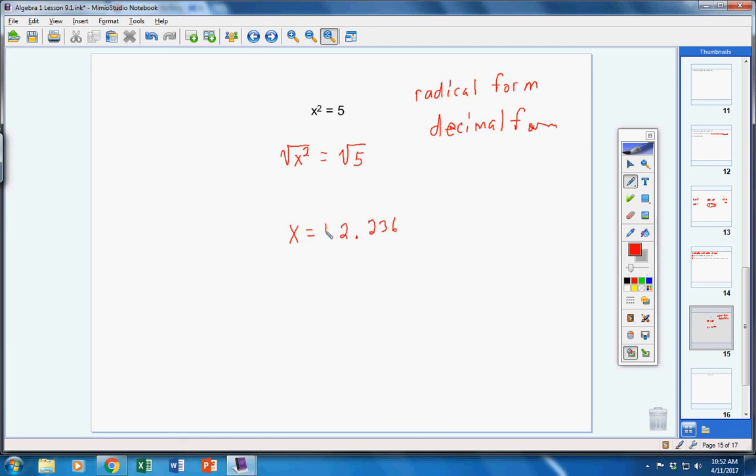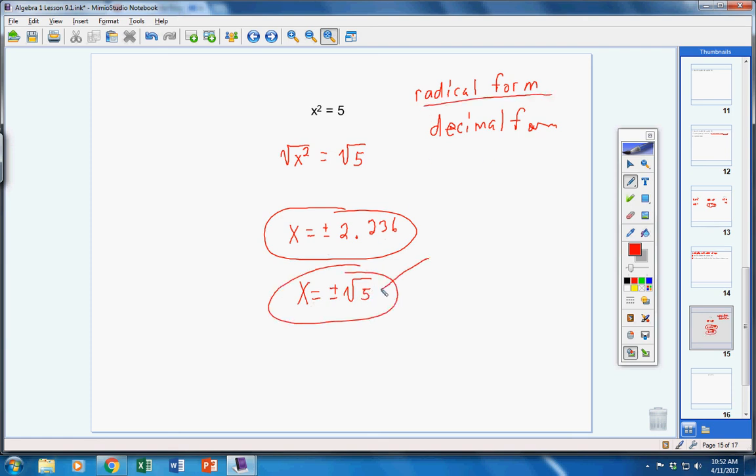But don't forget your what here? Your positive negative. So there's your answer. So this can be your answer, or this can be your answer depending on what the directions say. Radical form, this would be your answer. Decimal form, this would be your answer.